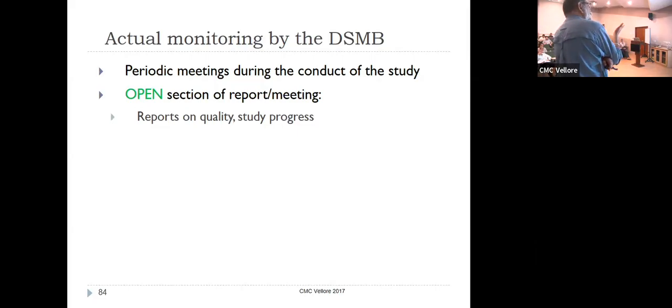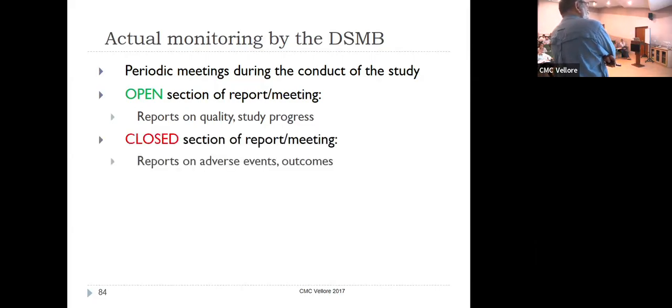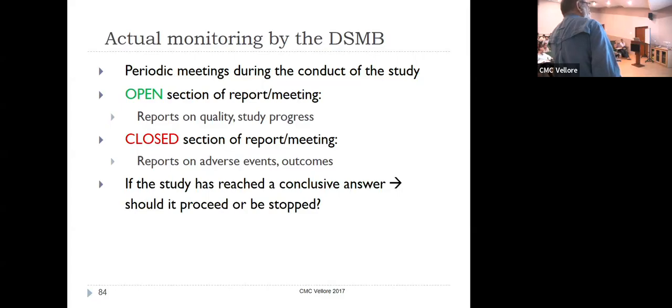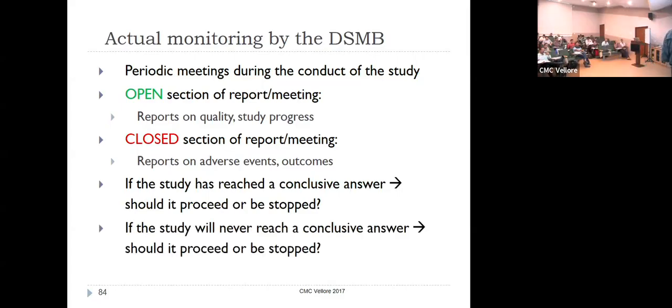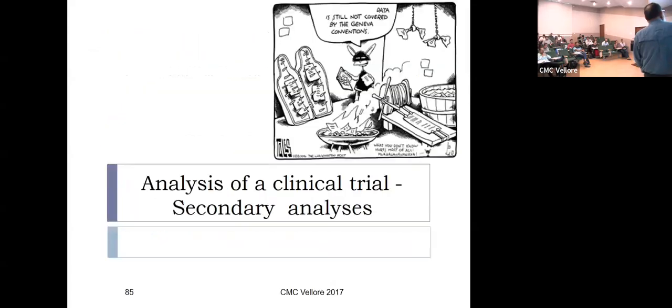There's an open report. There's a closed report, where they have different purposes, looking at study progress, looking at outcomes. If the study has reached a conclusive answer, should it proceed? And if it'll never reach a conclusive answer, should it proceed or be stopped? That's the futility part of it. So I will stop there.